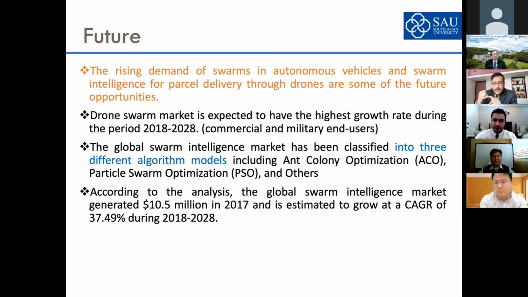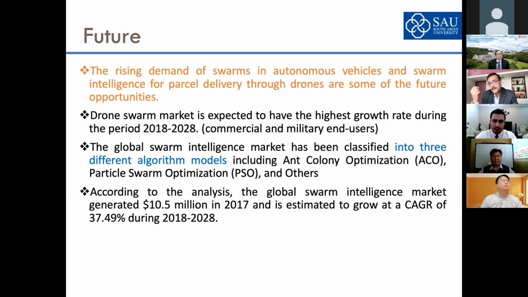If you want a flight time of more than 1 hour, you need to put in a large battery, which carries a lot of weight, and if the weight is more, the endurance will be low. If you put in an engine, meaning you make fuel-based drones, then there is a lot of sound, and the aural signature is very high, so those kinds of drones may not be used for defense purposes.